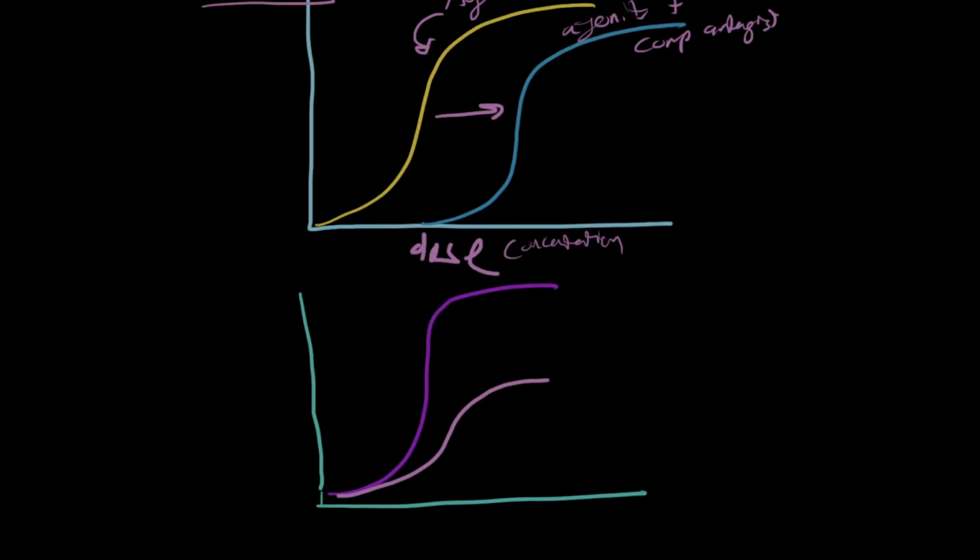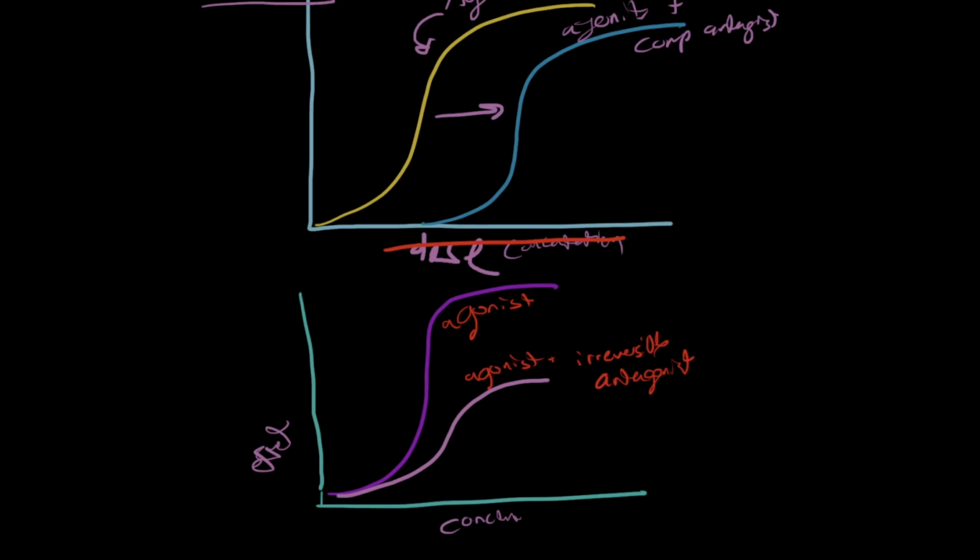And then we have this graph here. The same thing, this is concentration and effect. Let me mark this out so no one gets confused. This is the normal agonist, and then this is the agonist plus an irreversible antagonist or a non-competitive antagonist.